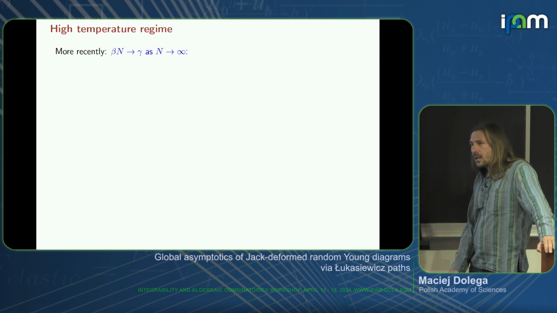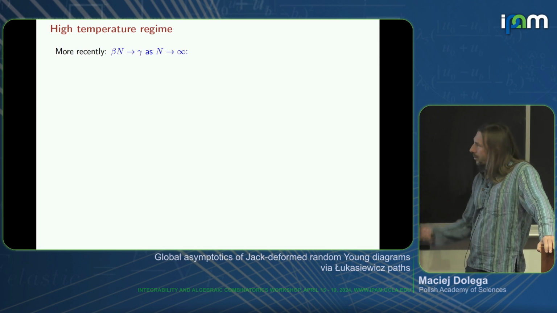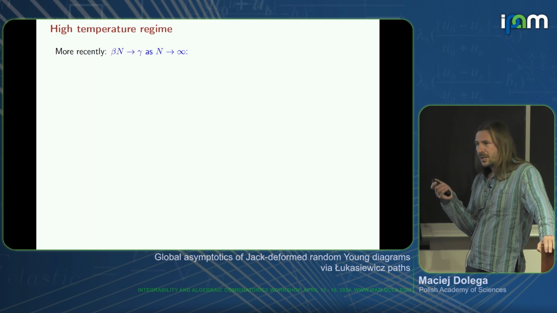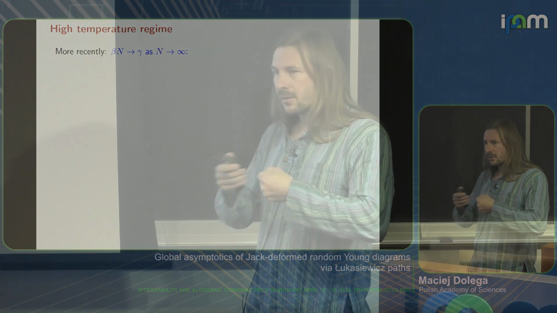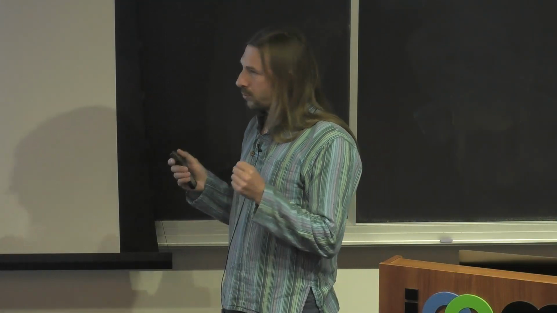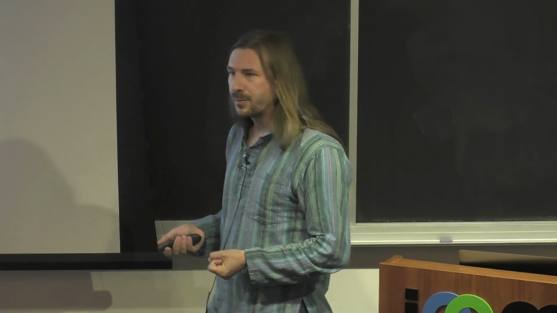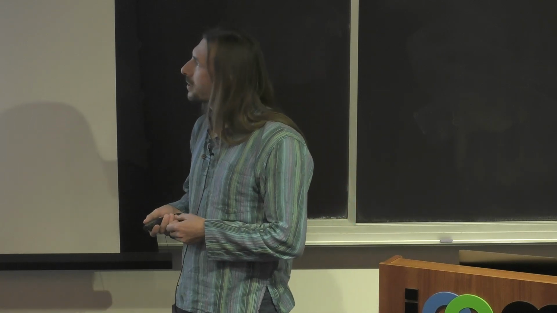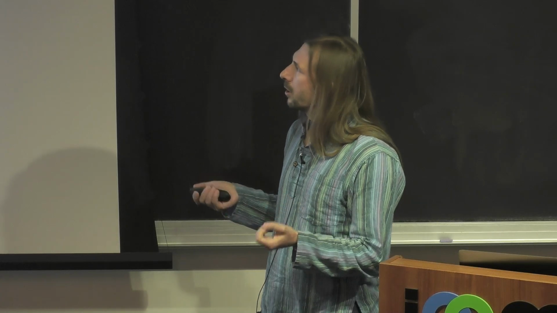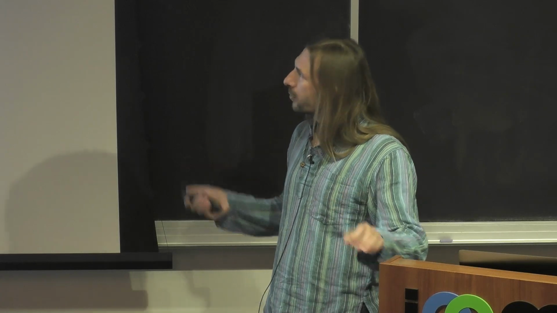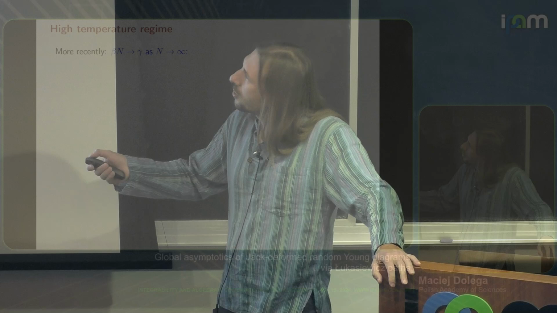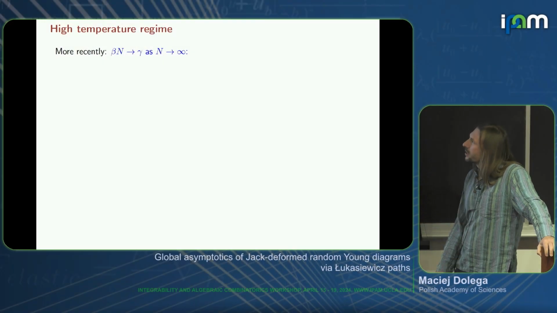So, okay, these results that I showed you, what we do is fix beta and take n to grow. So then you can ask other questions, because you have this other parameter beta. You can ask what is happening if your temperature is changing together with your model. This is called the high temperature regime because of this physical interpretation of beta as the inverse of temperature.